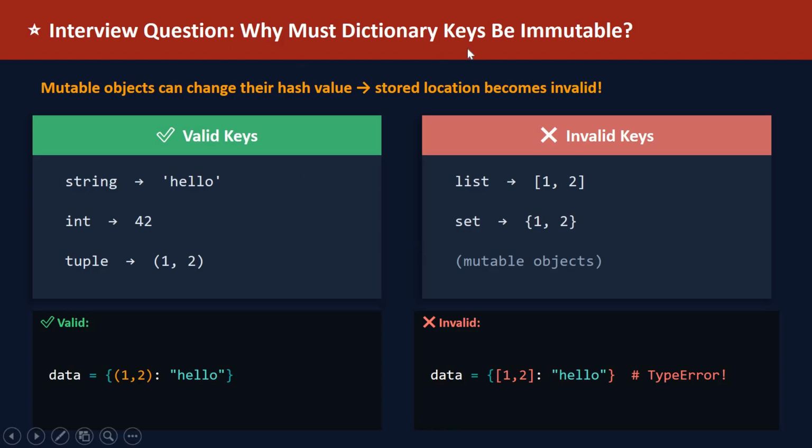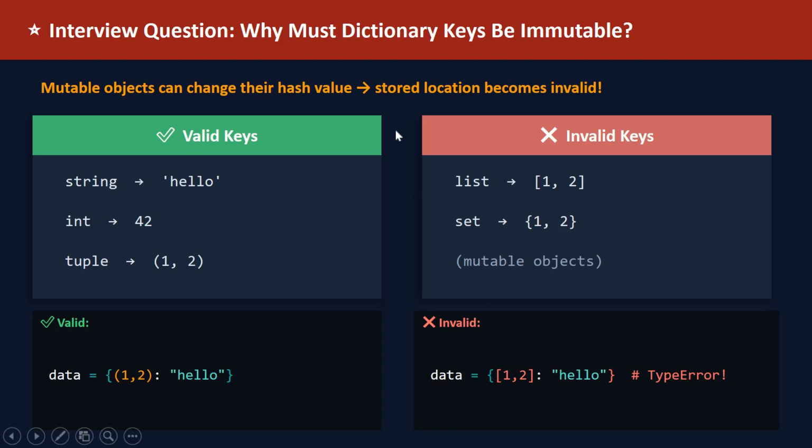Interview question: why must a dictionary key be immutable, right? A dictionary key must be immutable. For example, a key can be a tuple. When we covered tuples, we saw that a tuple is an immutable data structure, so we can use a tuple as a key of the dictionary. The reason is that it is immutable.